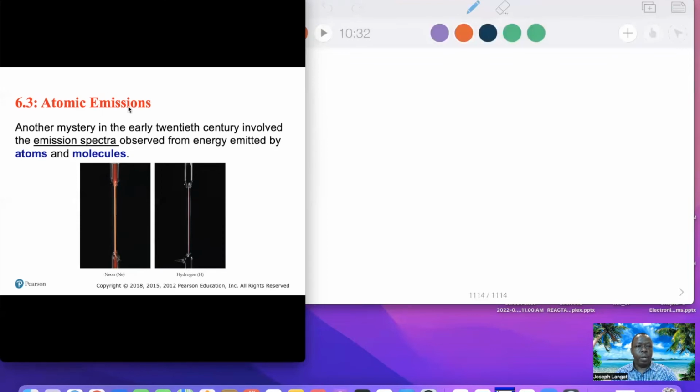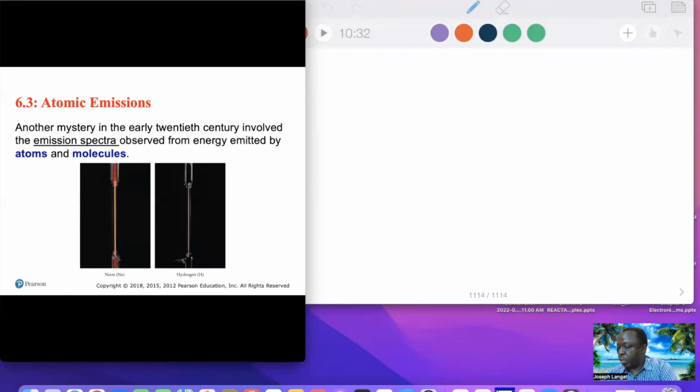And from the word emission, we'll see later on. One of the mysteries which could not be explained is the emission spectrum. And what that means is there were some lines.